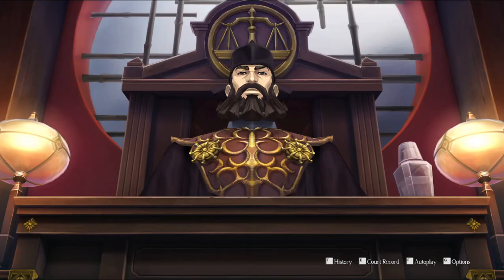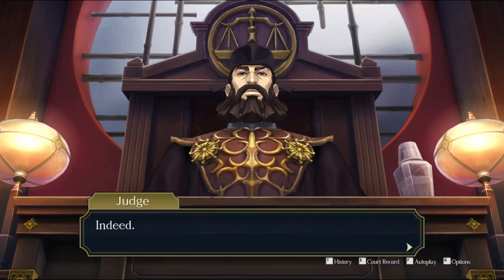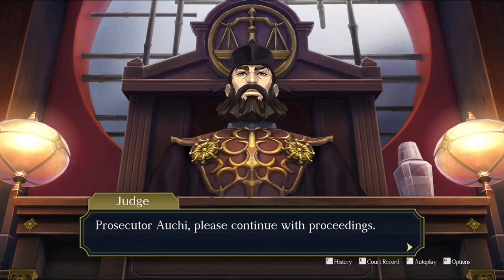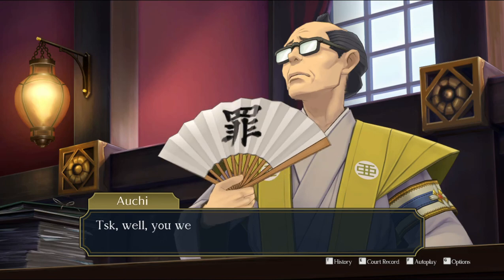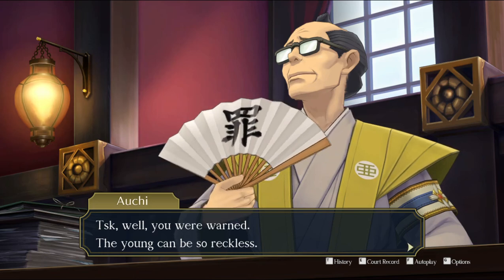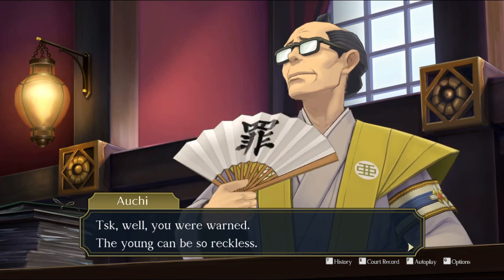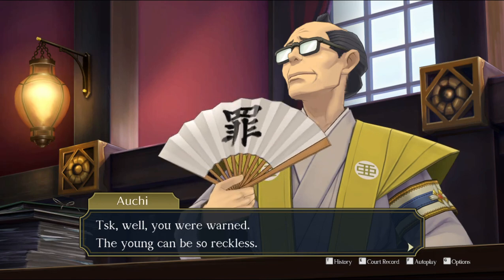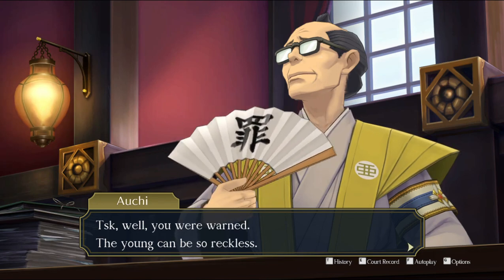Everybody's just freaking out. Indeed. Prosecutor Ayuchi, please continue with proceedings. Well, you were warned. The young can be so reckless. Sir, you look like you're in your 40s or your 50s. You can just step into the grave already.